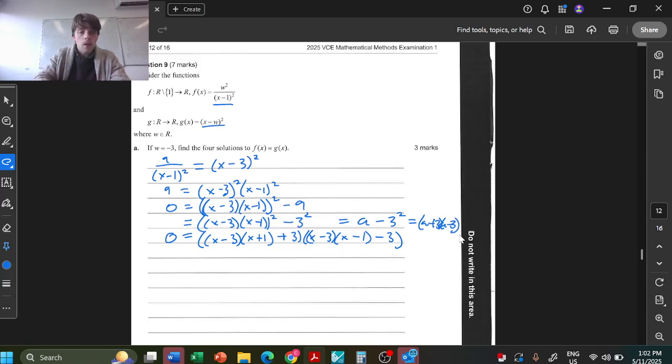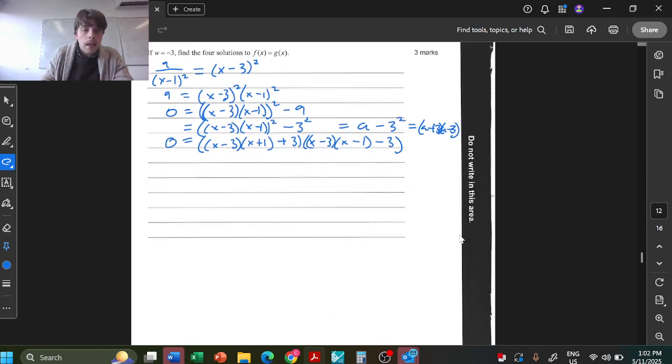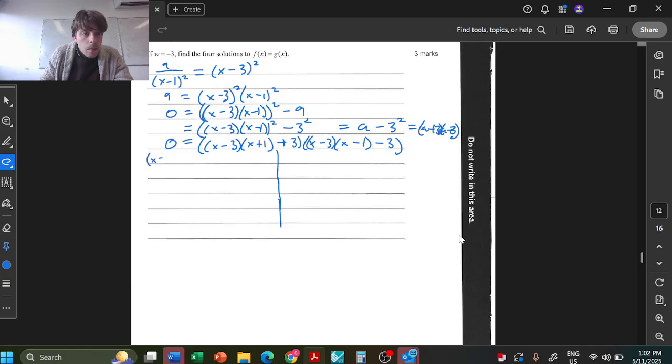Now, null factor law, we need to consider each of these two cases. So let's kind of draw a line in the sand like this. Let's consider case 1, I guess, which is that x minus 3, x plus 1 plus 3 is equal to 0. So that's the null factor law of the first half of this bracket. So if that's the case, we can expand these brackets here.